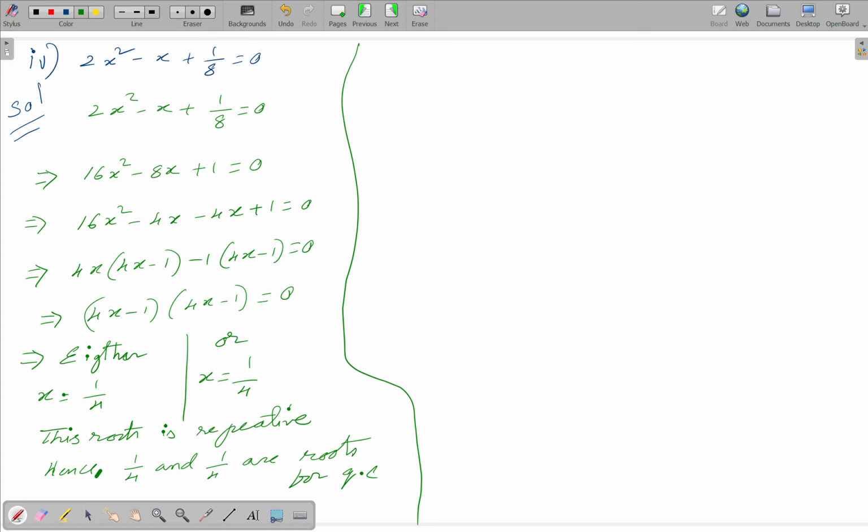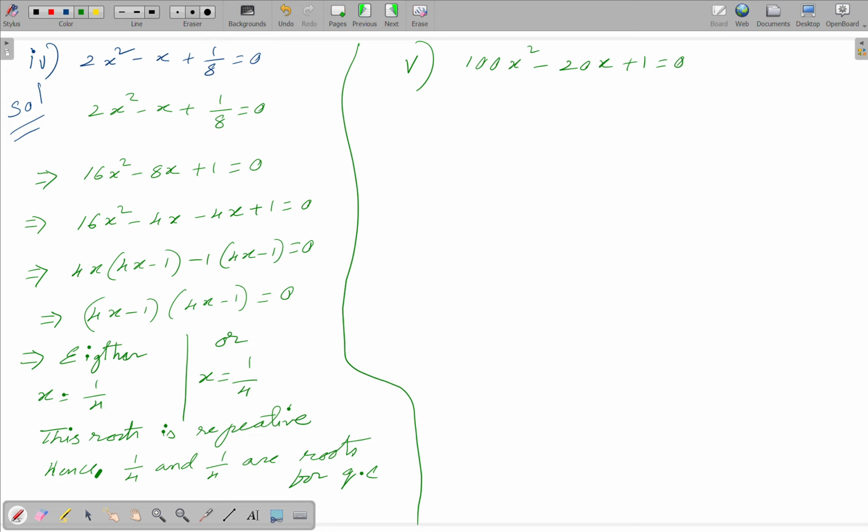Now the next question, question number 5. 100x square minus 20x plus 1 is equal to 0.